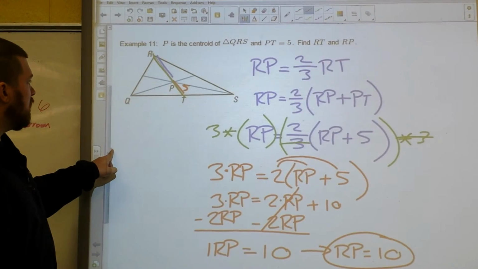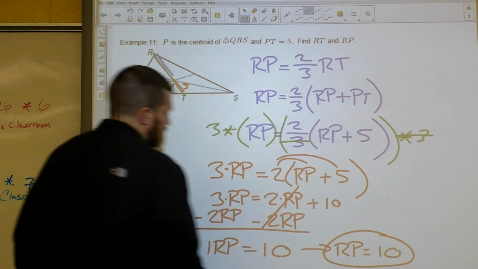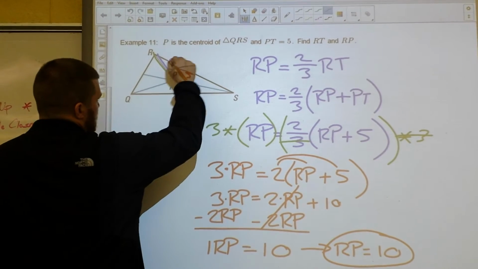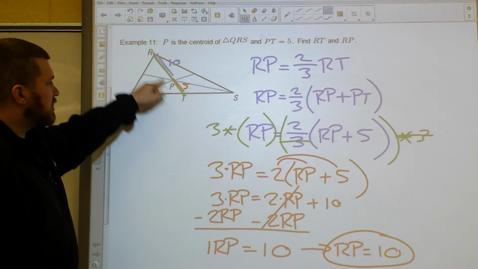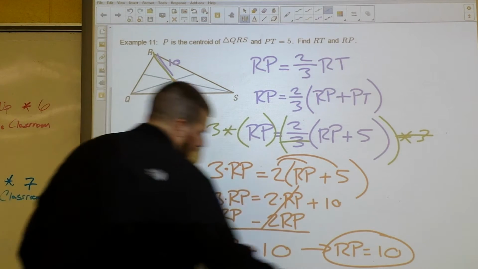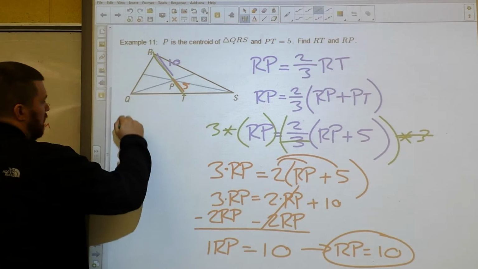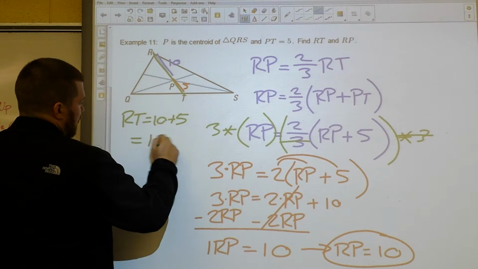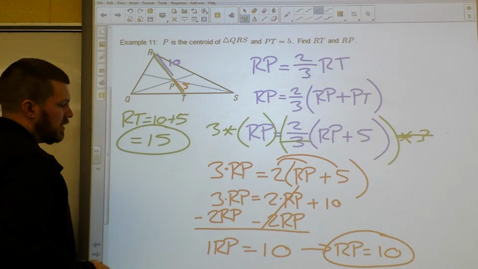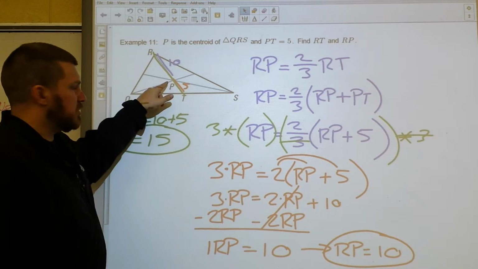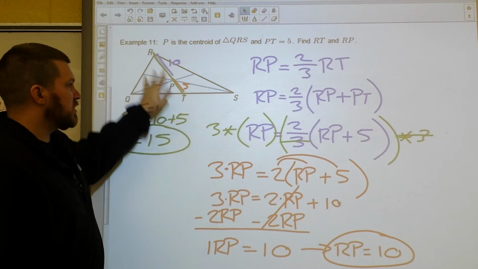So RP was equal to 10, which was the blue length. I know that RT is the blue length plus the red length, so RT has to be 10 plus 5, which is 15. So again, I just used that rule we described above: from the vertex to the centroid, it's 2/3 the length of the total median.